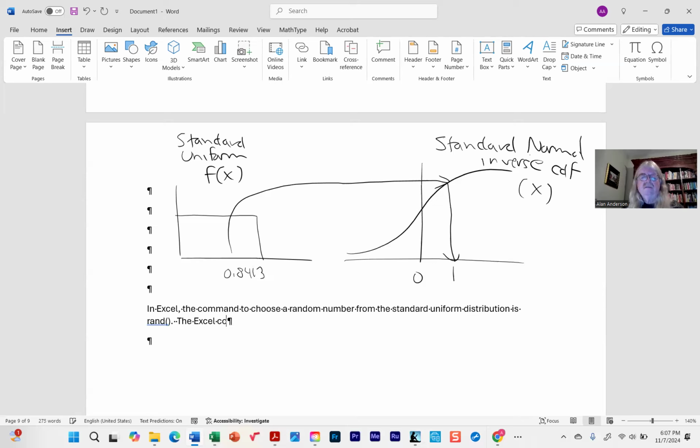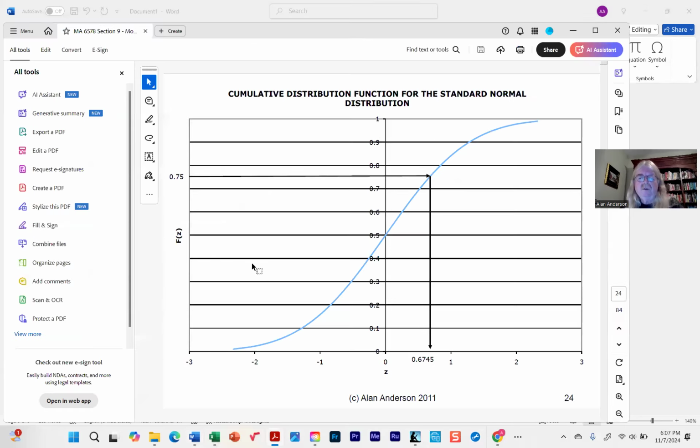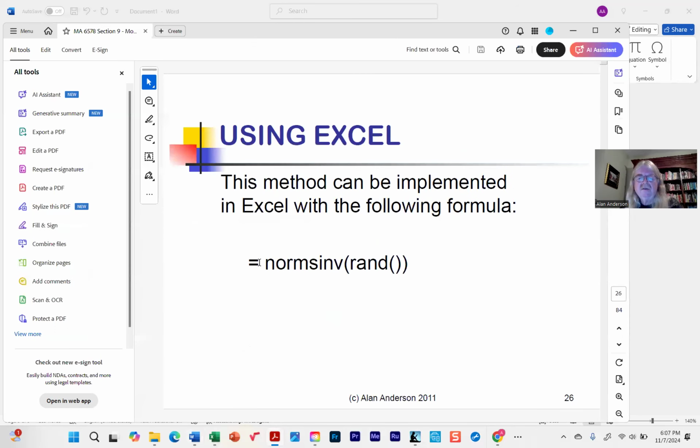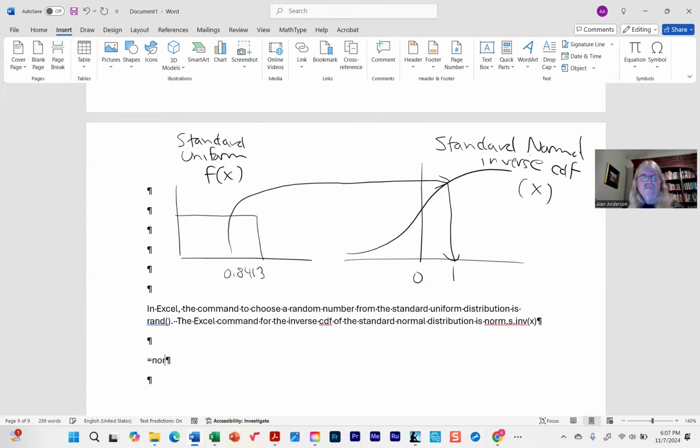The Excel command for the inverse CDF of the standard normal distribution is NORM.S.INV. So in other words, the command will be something like equals NORM.S.INV. Here it is. And so this would do what you see up here.